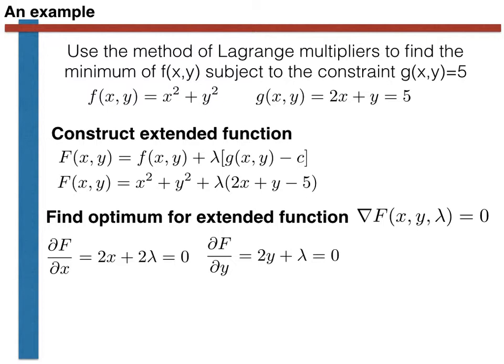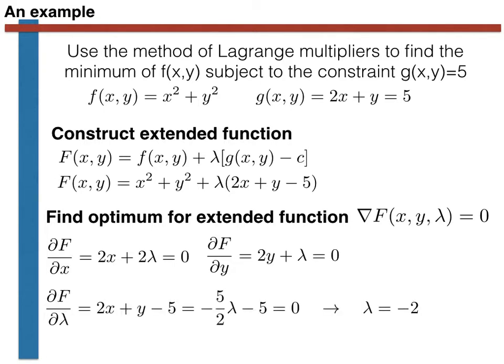When these expressions are set to 0, they can both be rearranged so as to give us expressions for x and y in terms of lambda. When we take the derivative of the extended function with respect to lambda, we can thus rewrite it purely in terms of lambda as shown here.